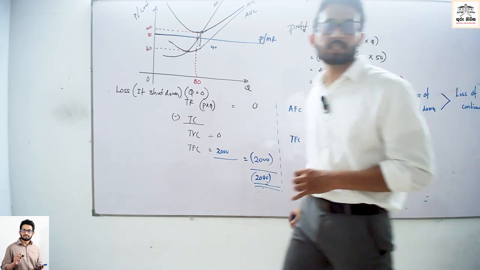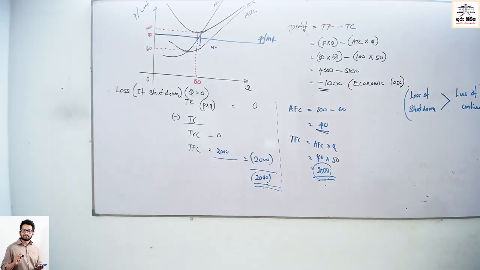So the best strategy is to continue the operation. This is called the loss minimizing strategy in the short run. Can you draw the curve and do all workings? No need for all the calculation. I wanted to prove the point: why doesn't the firm shut down its operation? That's what I wanted to show you.